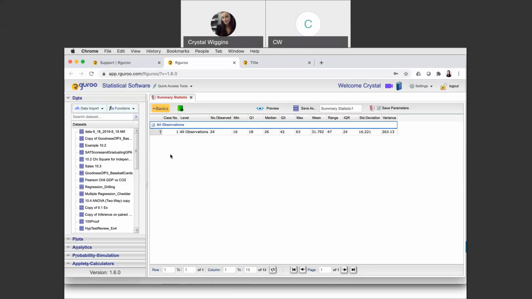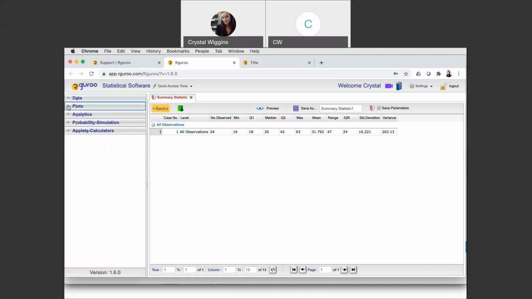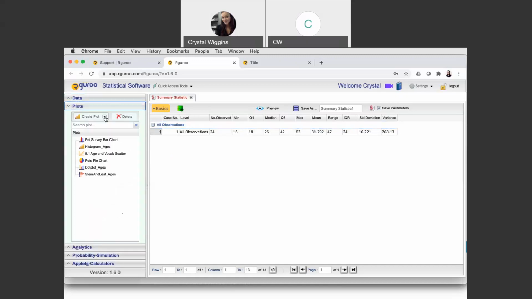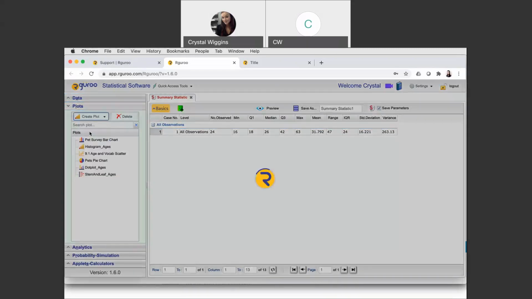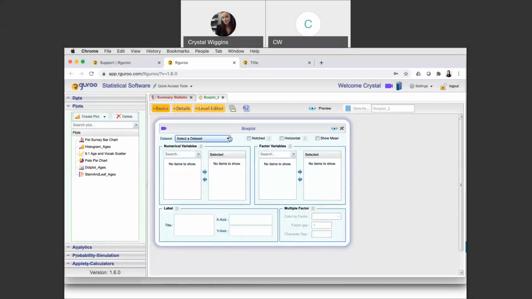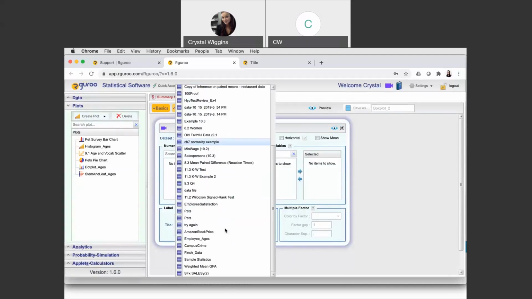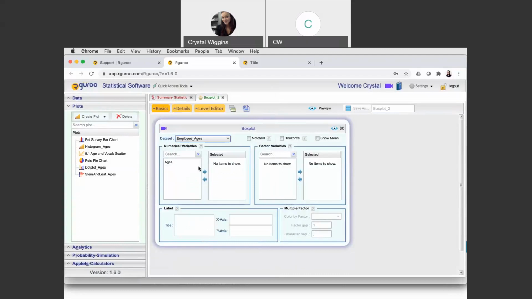Now, if I wanted to take these data values and create a box plot, I'm going to go over to Plots. I'm going to go to Create Plot. I'm going to click on Box Plot. We are going to select our data set that we would like to create a box plot for. We then want to say, which variables? Notice that once I select the data set, it automatically will list all the variables in the data set, which in my case, I only have one.